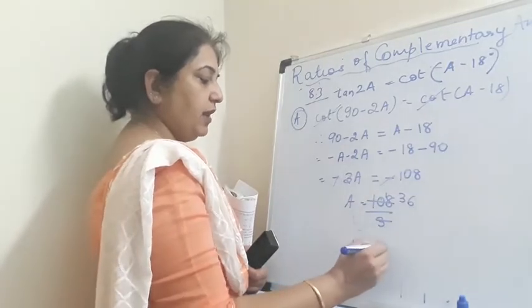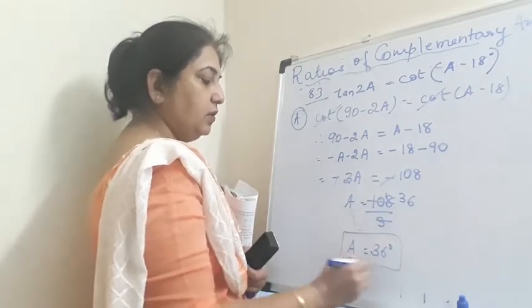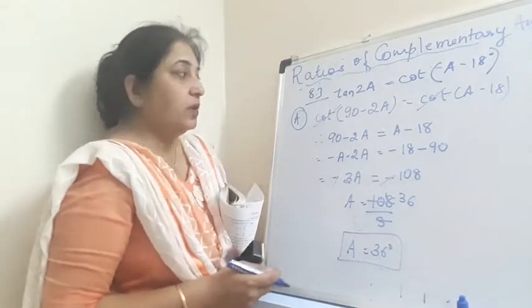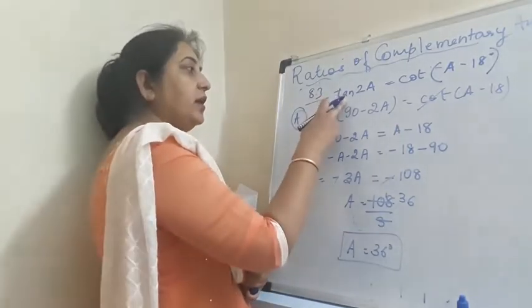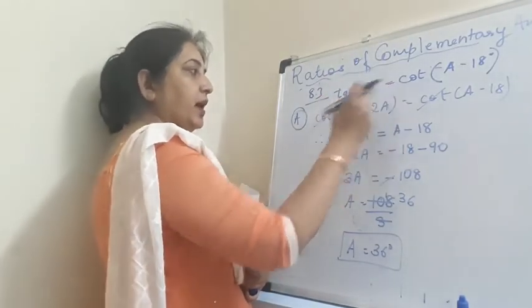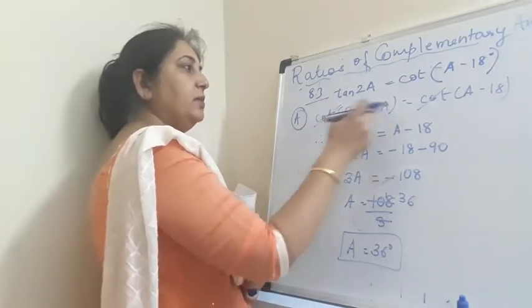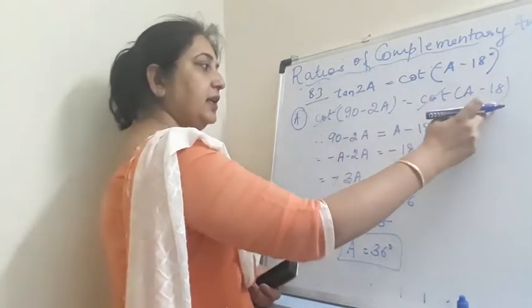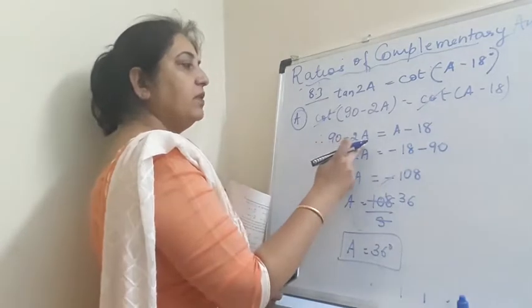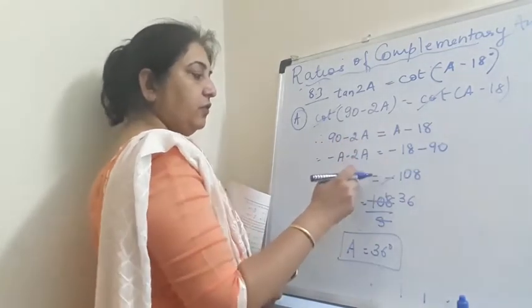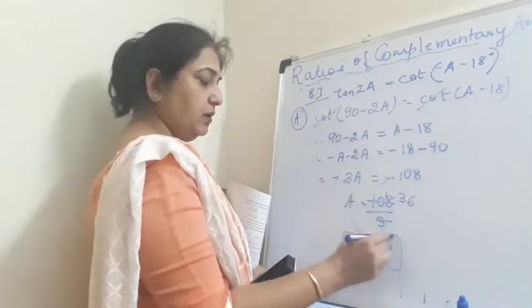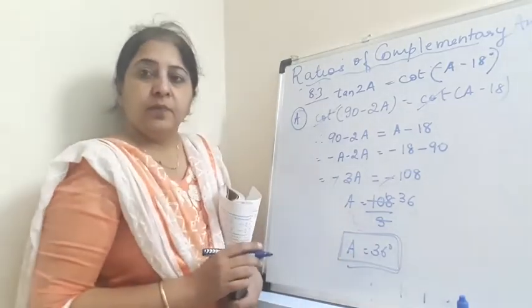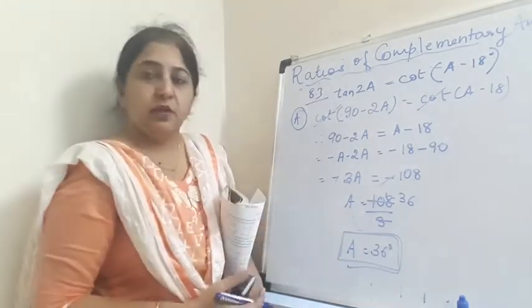So the value of a is equal to 36 degree. So what we've done here, we changed tan 2a in terms of cot, cot 90 minus 2a will be equal to cot of a minus 18, and therefore 90 minus 2a will be a minus 18, and when we solve further we get a equal to 36 degree, right? I hope you've understood the method of this question.